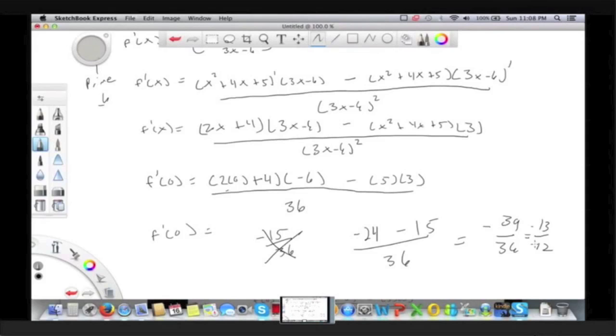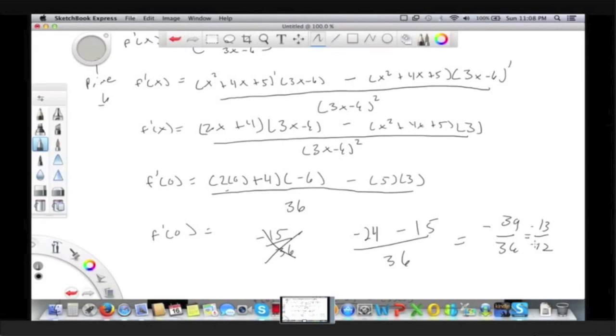Let's see, 1 second here, actually. So okay. 2 times 0 plus 4 times 6, times 5 times 3, over 36. Okay, how would you interpret your answer? Okay, so as x increases from 0 to 1, the function increases by approximately -13 over 12.